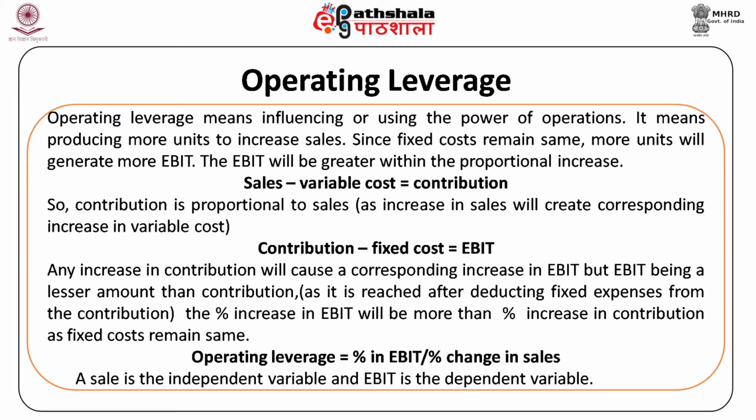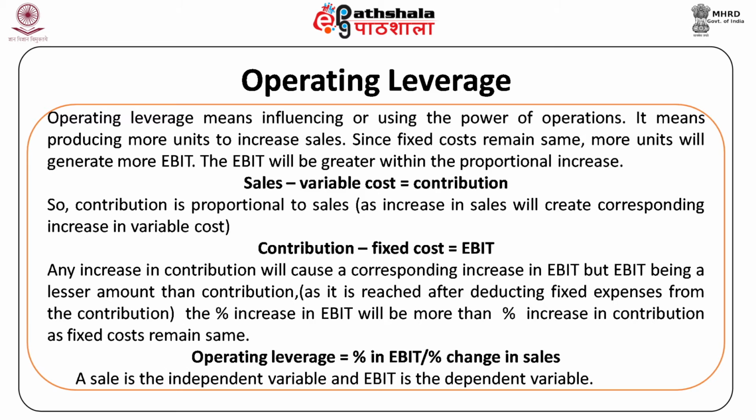Sales minus variable cost is equal to contribution. So contribution is proportional to sales, as increase in sales will create a corresponding increase in variable cost. So contribution minus fixed cost is equal to EBIT.